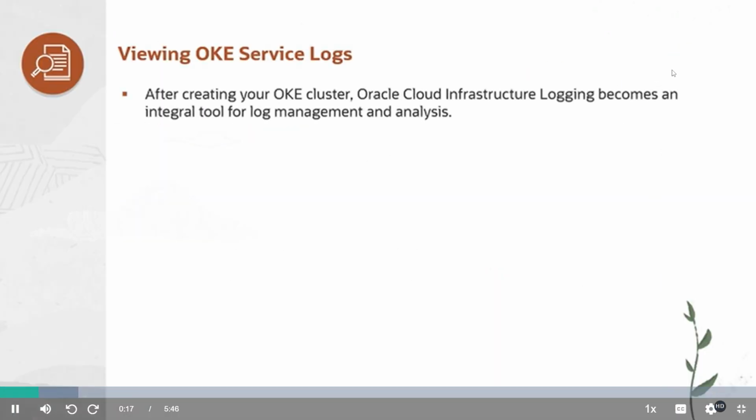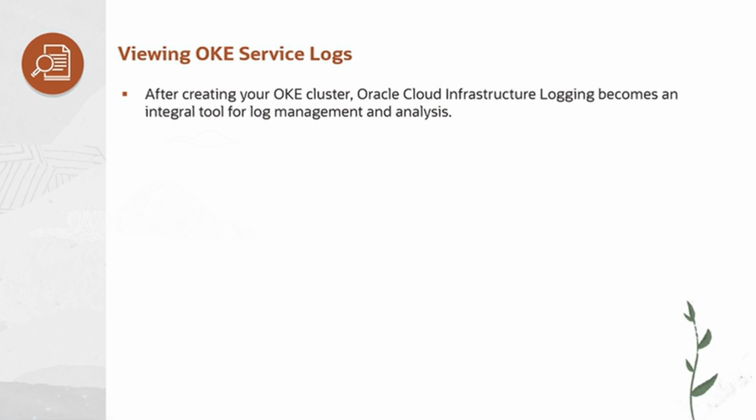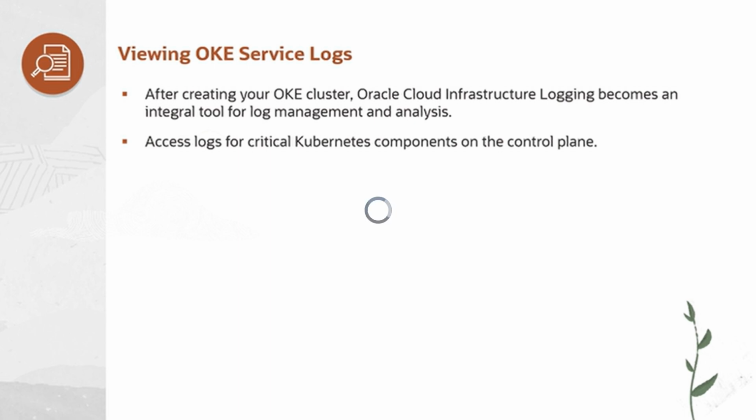After creating your OKE cluster, Oracle Cloud Infrastructure Logging becomes an integral tool for log management and analysis. This platform allows you to examine and search the logs of Kubernetes processes running on the cluster's control plane.